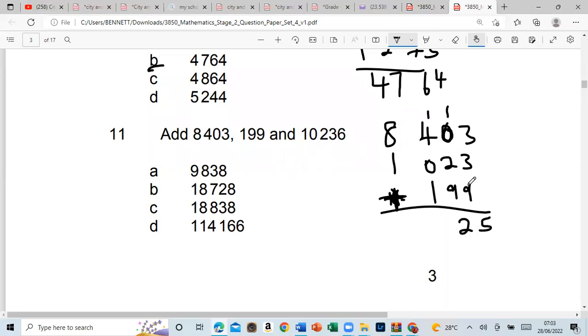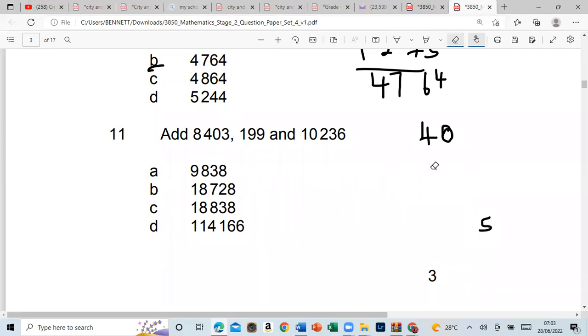So 9 and 3, 12, and that's 15. 5 carry 1. So 10,000, not 1,000.